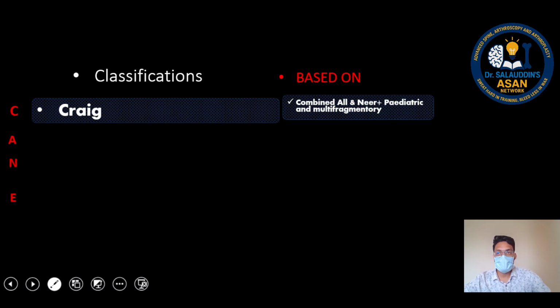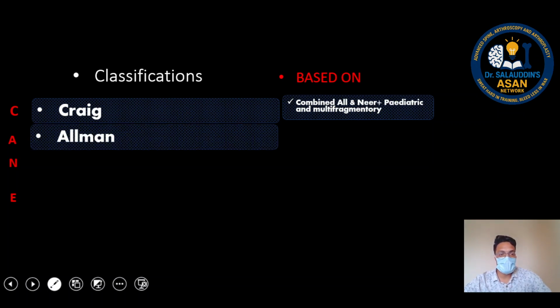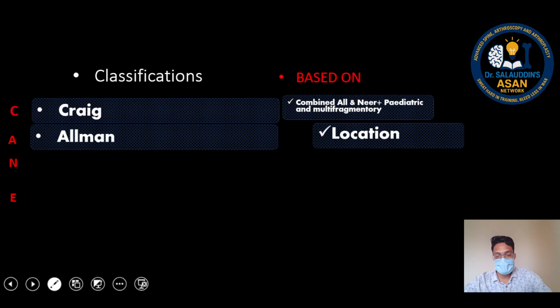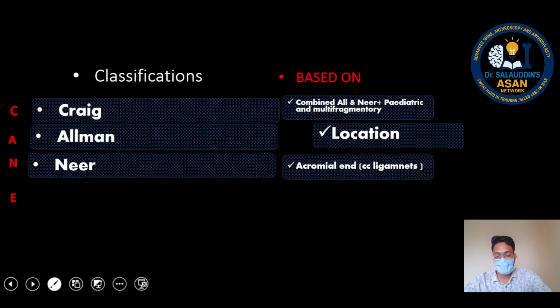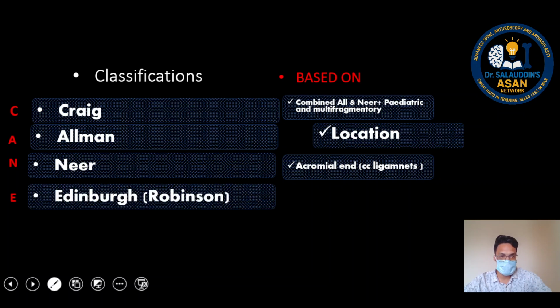The next one is the most common classification that everyone knows, that all the PGs will know: the Allman classification. It is a simple classification based on the location of the fracture. Next comes Neer's classification, which is an extension of Allman's classification towards the acromial and the medial ends.